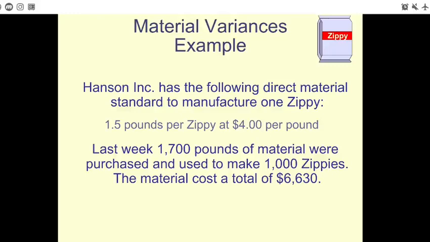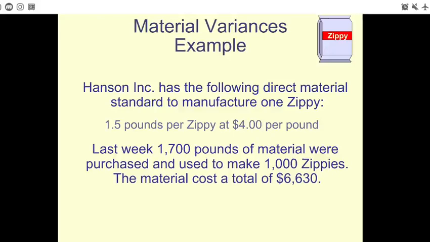So, for every ZP, the standard quantity of material is 1.5 pounds and the standard price for the material is $4 per pound. Last week, 1,700 pounds of material were purchased and used to make 1,000 unit ZPs. The material costs a total of $6,630.